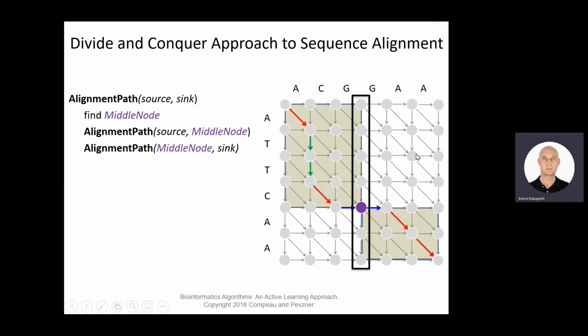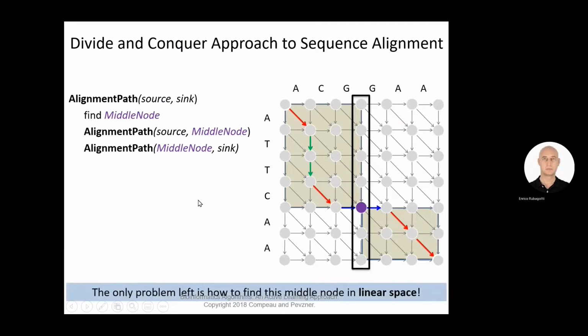So I'm going to get half of the nodes of what I had before. The problem is how to find this middle node in linear space.